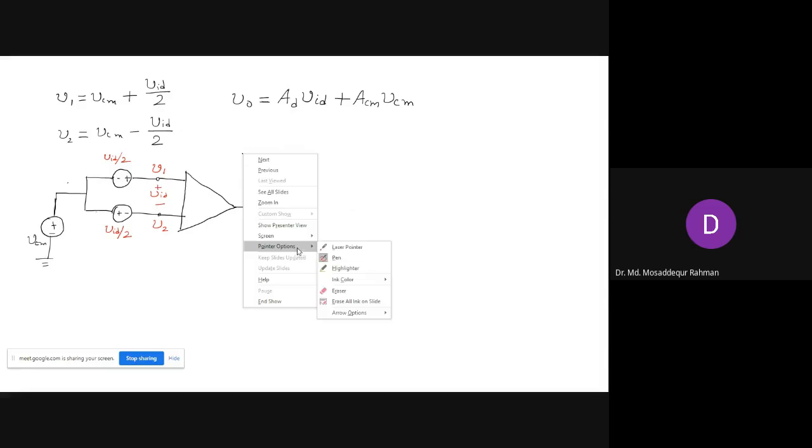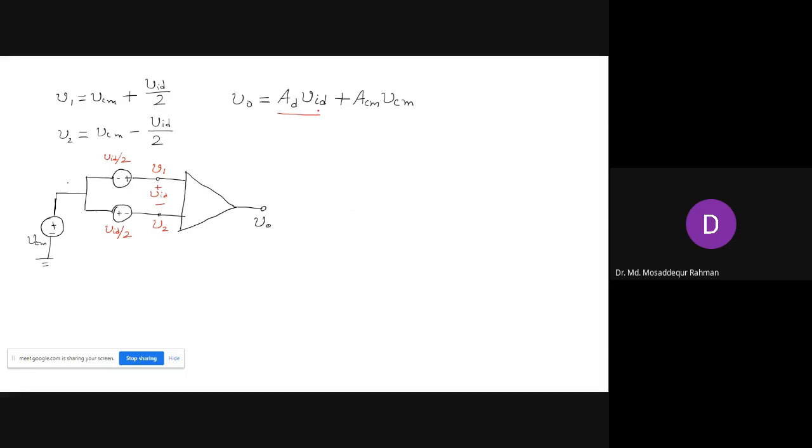But in the output, as we have discussed here, we not only get the output due to the differential input voltage, we also have another component in the output voltage that is due to the common mode voltage, and that is our undesirable part. That is what we do not want. We want only the differential output voltage, not this part.